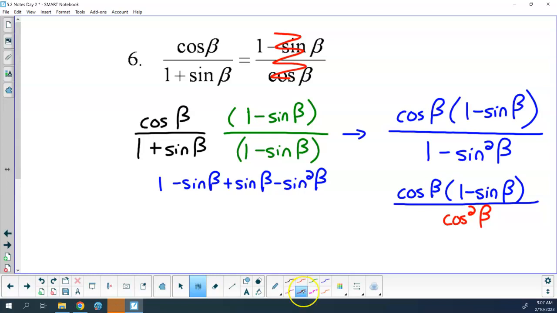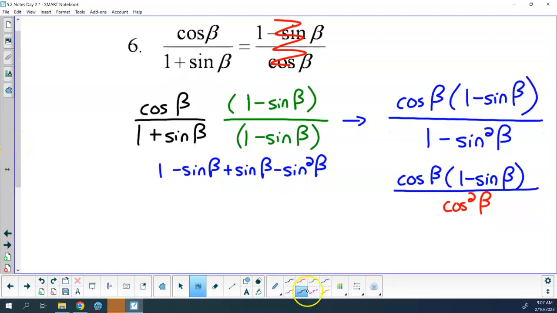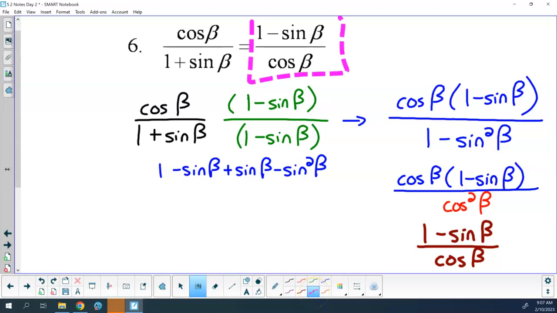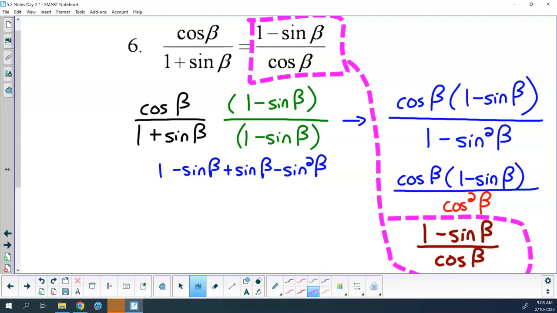So my top would just be 1 minus sine of beta, and my bottom would now just be cosine of beta, which is what we were looking for up there. Okay.